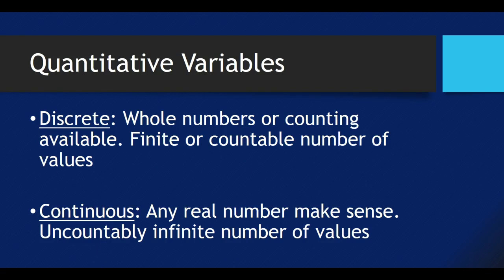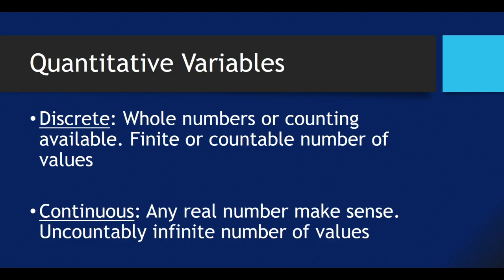And the way I always think about it is to say, can I add more decimals? If any real number makes sense, then putting on more decimals and getting a more precise number always makes sense. So I might say I'm 158 pounds.